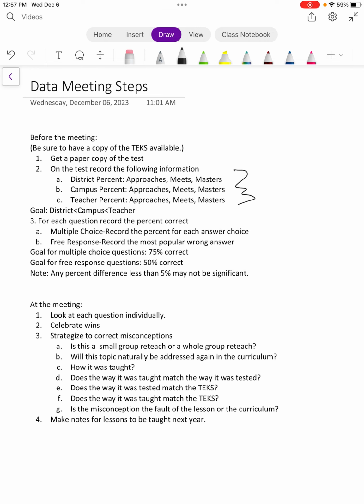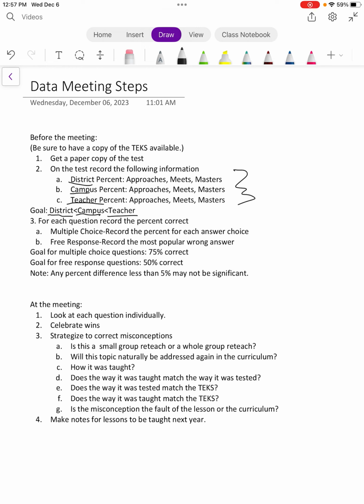The idea is that as we move from district to campus to teacher, the percent gets higher every single time. So we want the district percent to be less than the campus percent and the campus percent to be less than the teacher percent. That would be ideal. If you're a really great high scoring teacher, that would be awesome.